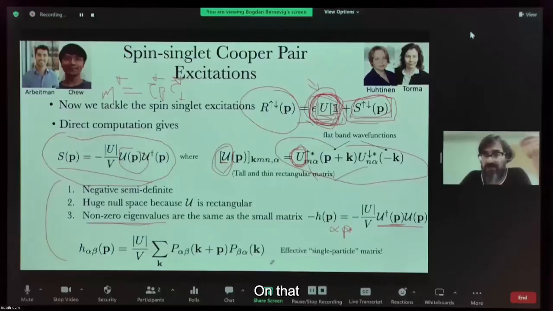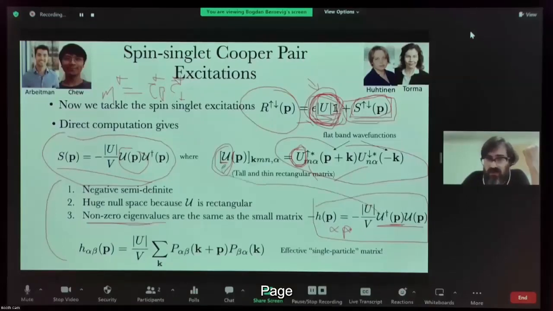They are governed by a very small Hamiltonian, because this matrix has a lot of zero eigenvalues, and the states with non-zero energies are given by a small Hamiltonian, and this is the Hamiltonian. This is just this H, where you replace this math cal U with this U here, and these are the projection operators in the flat bands that we defined before.